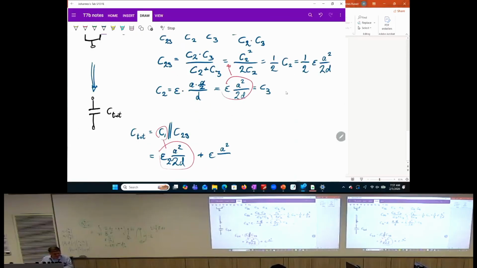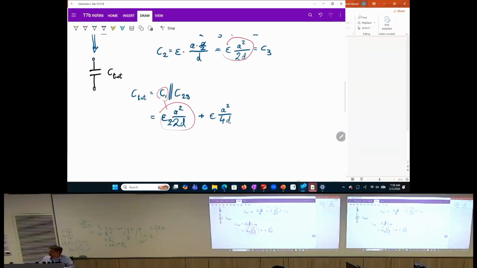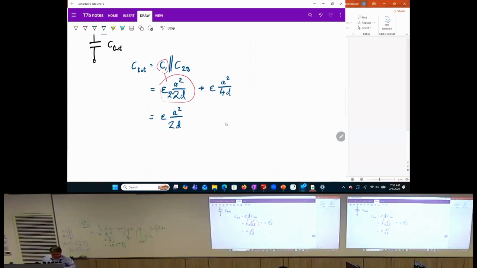That is also epsilon A squared over 4d. So they are basically the same, and we add them up, and then we just obtain epsilon A squared over 2d. And now let's insert the actual quantities in here.